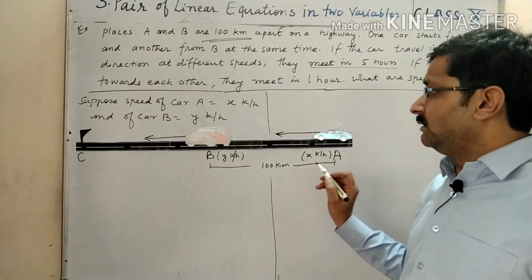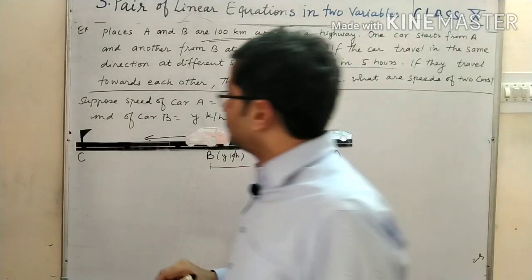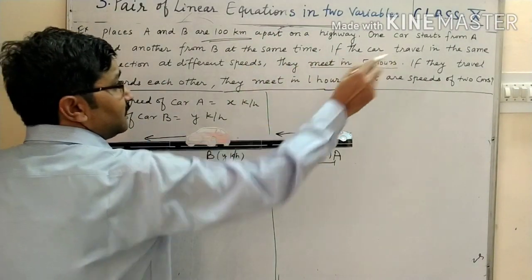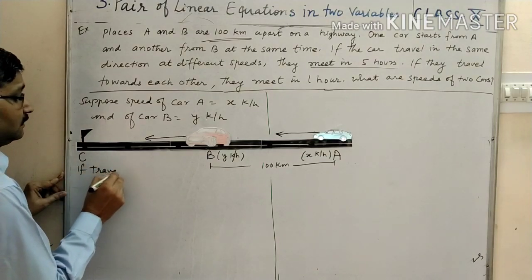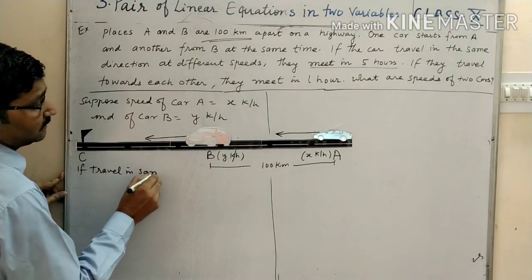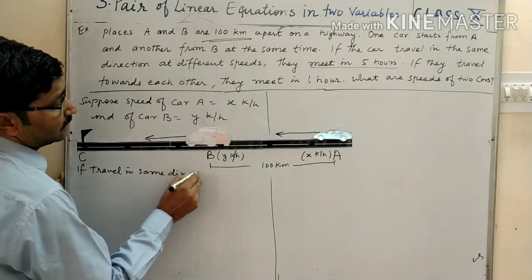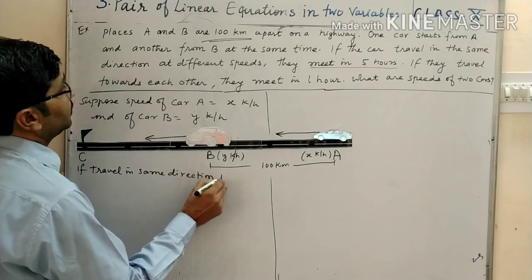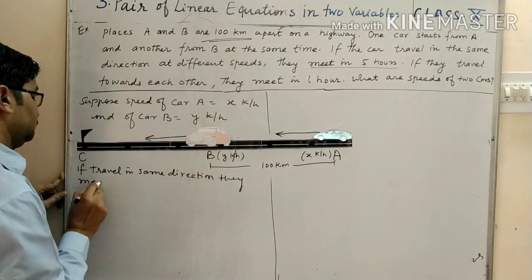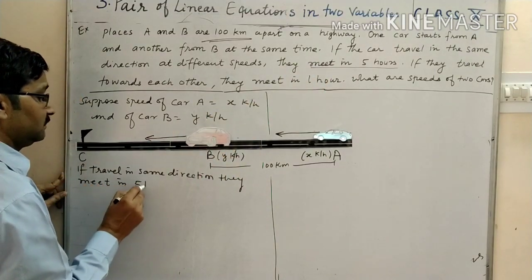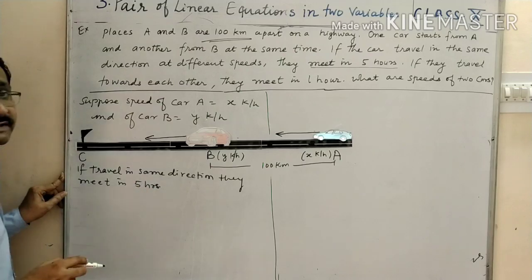Look here, what is the first condition? If they travel in the same direction, they meet in 5 hours. So time is 5 hours.